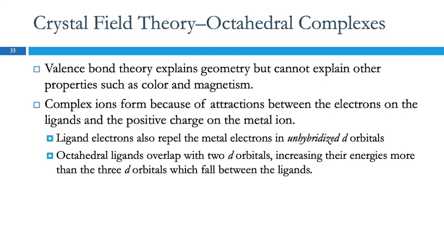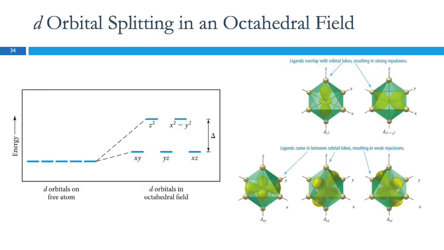So when we've got octahedral ligands, they're going to overlap with two of the unhybridized d orbitals, and that's going to cause those two to have higher energy. The ones that overlap, and the ones that fall between are lower in energy. What the heck are you talking about? Pictures. Okay.